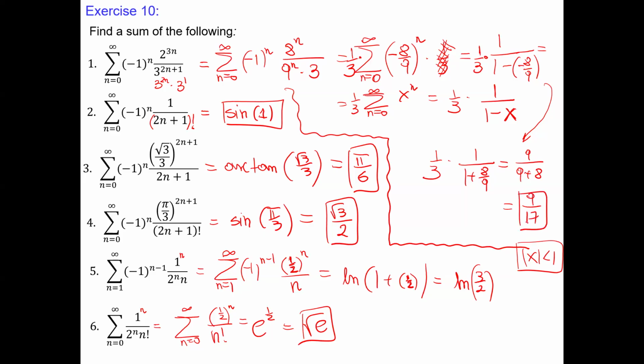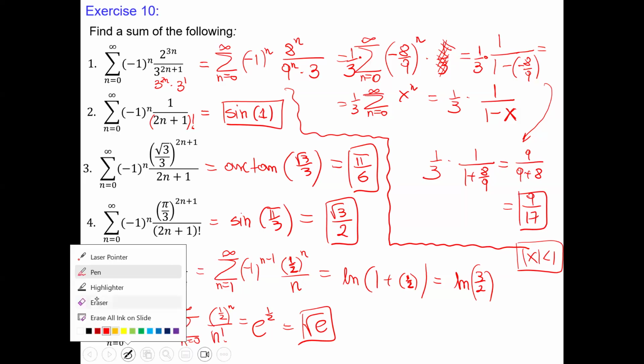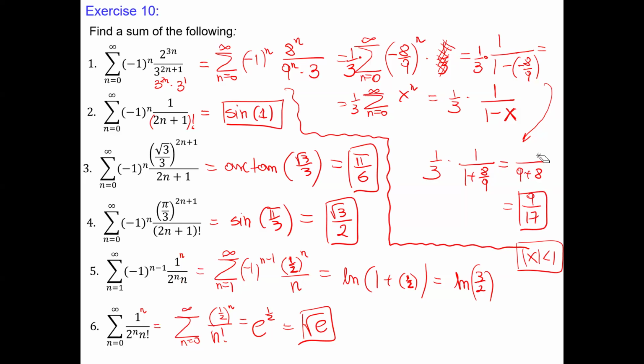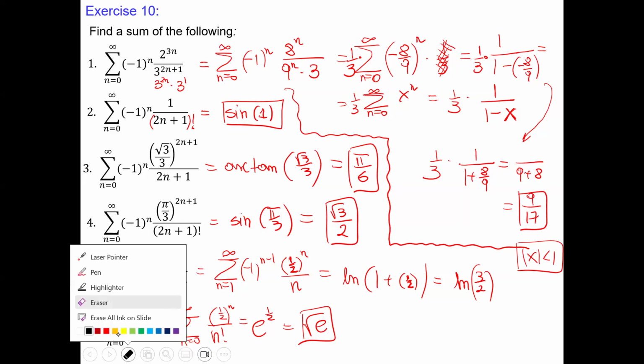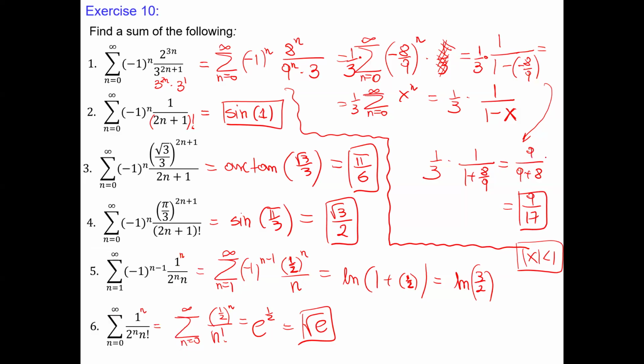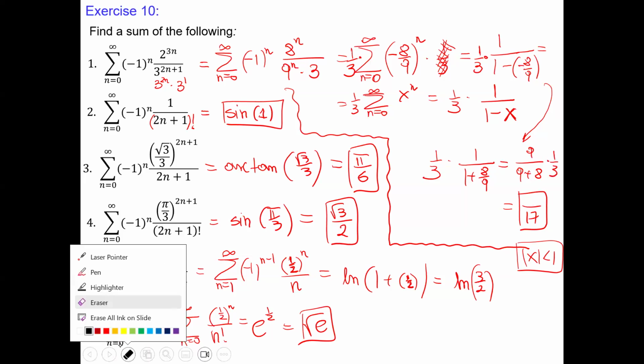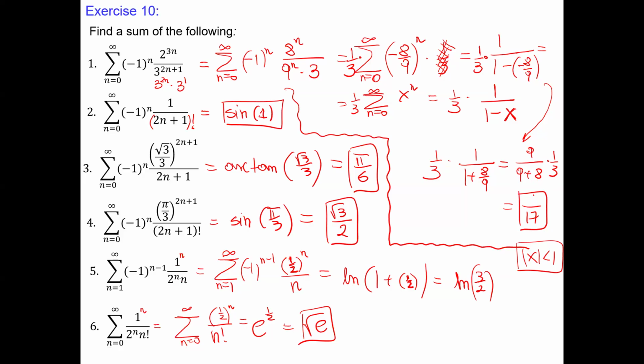Because this will be 17 over 9 and divided. Oh, no. Multiplying, one mistake. No, that was correct, but still 1/3. That means this will be 3. That's correct because I multiply by 9. Okay, 3 over 17 is the final answer.